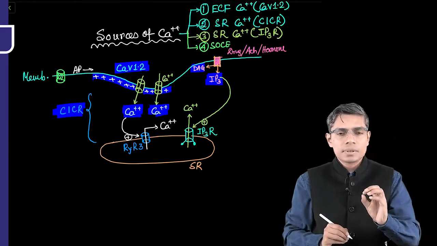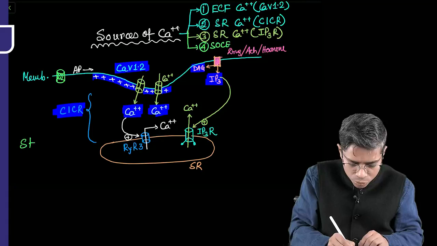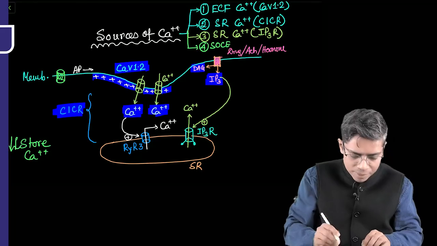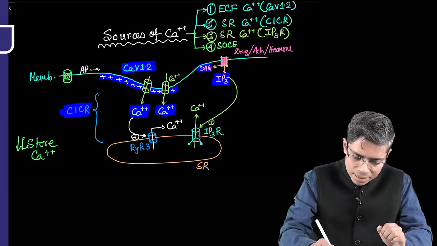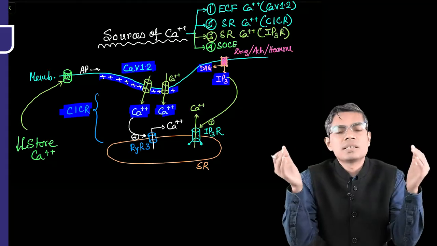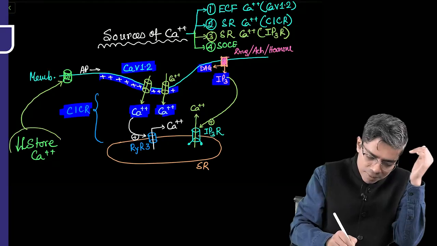This channel will open up whenever the intracellular store of calcium is low. So whenever your cell calcium is low, it will send some signal to this surface calcium channel by some mechanism which we do not know.